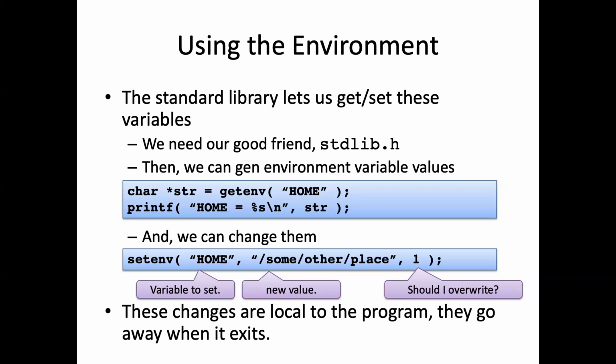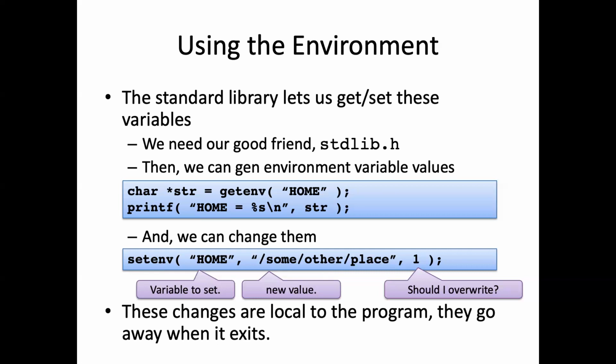So if you change a bunch of environment variables in your program and then your program exits, the shell will still have the old values for all of those. When you do a setenv, you're just setting the environment variable within your currently running program. That's not going to change it for the shell once your program exits. So environment variables are really just a list of name value pairs stored within the standard library. They're stored within your program.